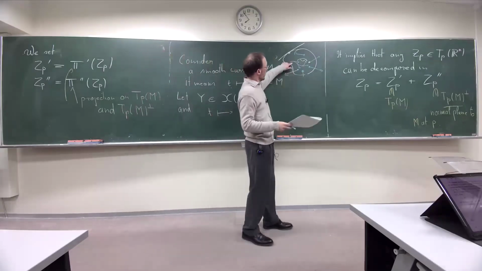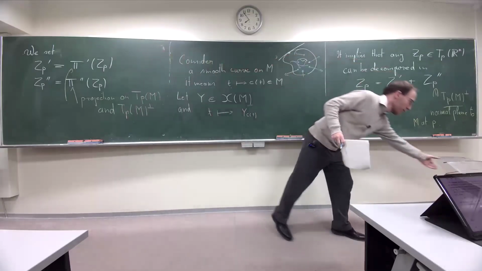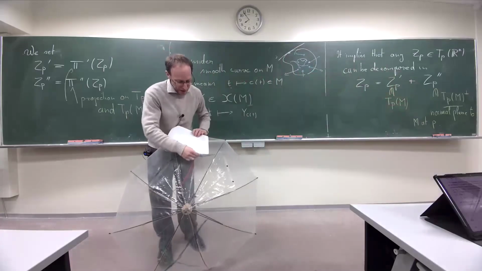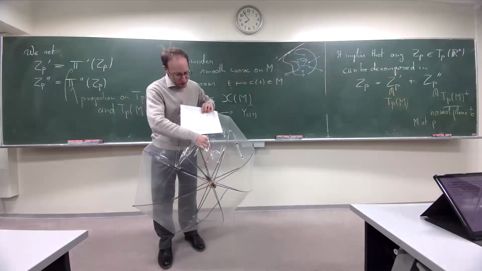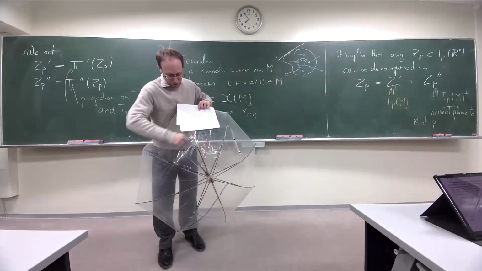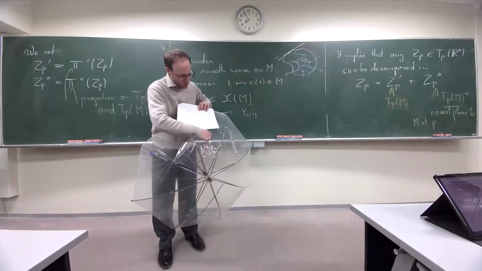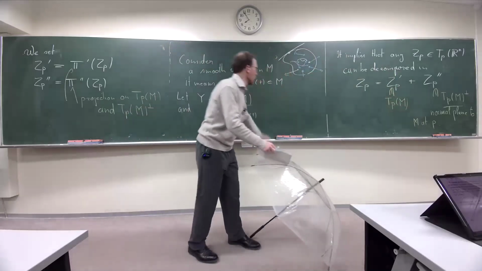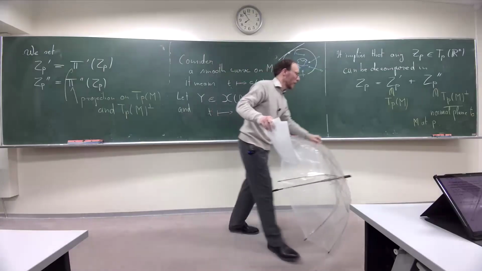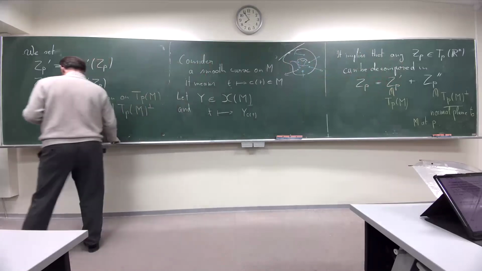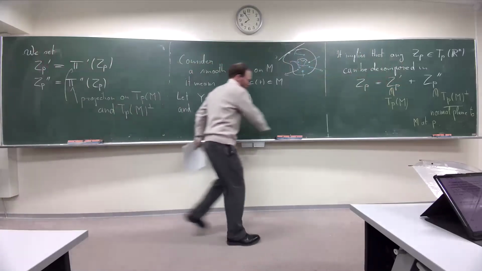At every point on the curve, we have a vector which is on the manifold, but it doesn't mean it's along the curve. I mean, it doesn't mean they're following the curve. I just mean at every point on the curve, we have a vector which is on the manifold. That's our framework. At every point, we have a vector which is on the manifold. That's the construction. And we can look, of course, at its derivative.